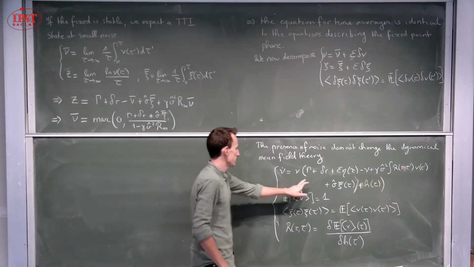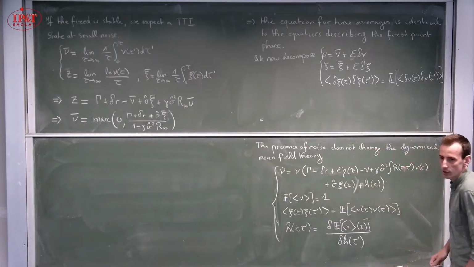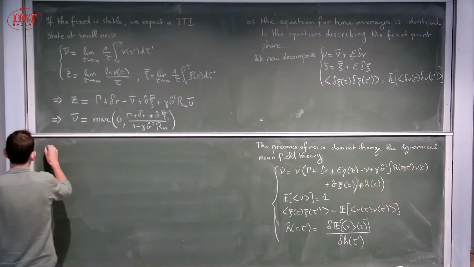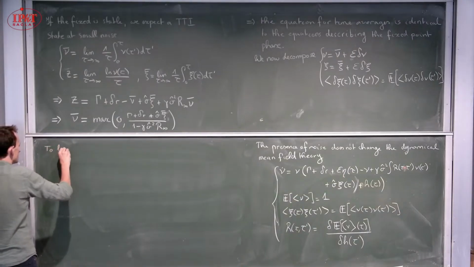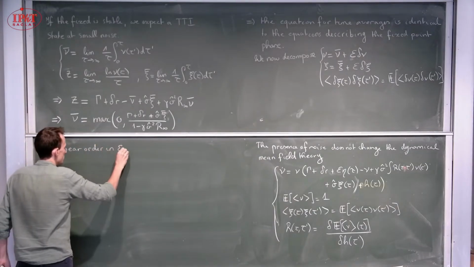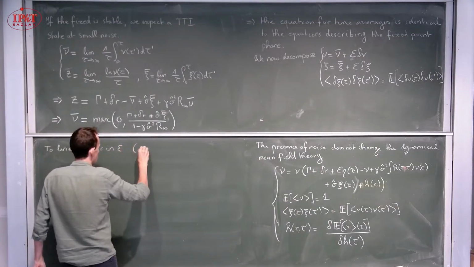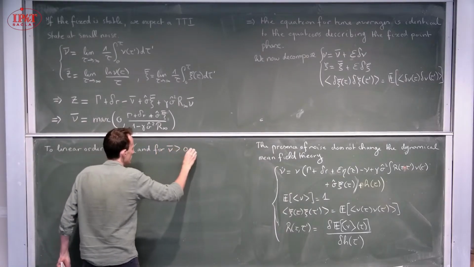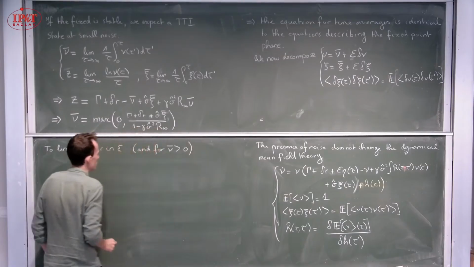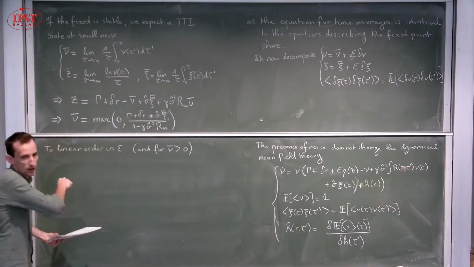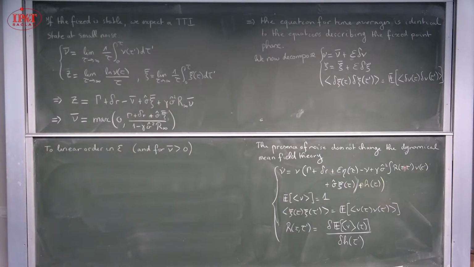And now you can expand the equations of motion to linear order in epsilon. So to linear order in epsilon, and for nu bar positive, because for nu bar negative, you have delta nu equal to 0. Yeah, because the variable is positive, if its mean is 0, then it's 0 everywhere.